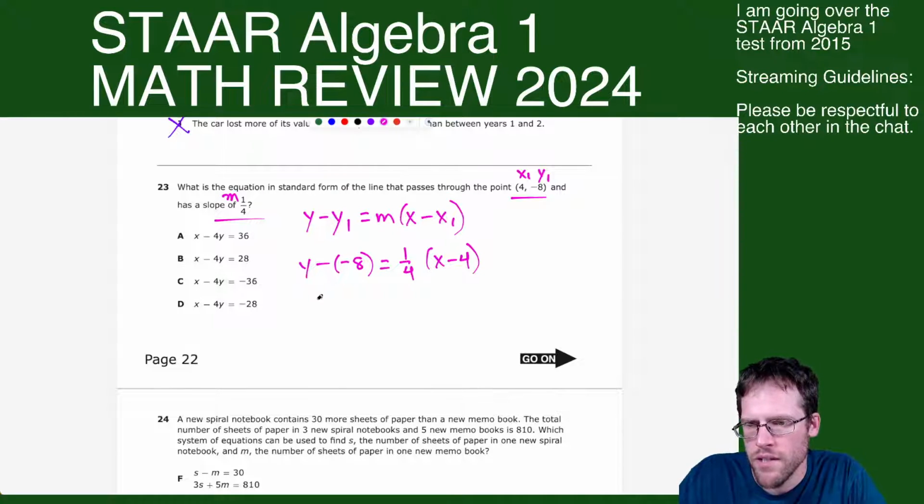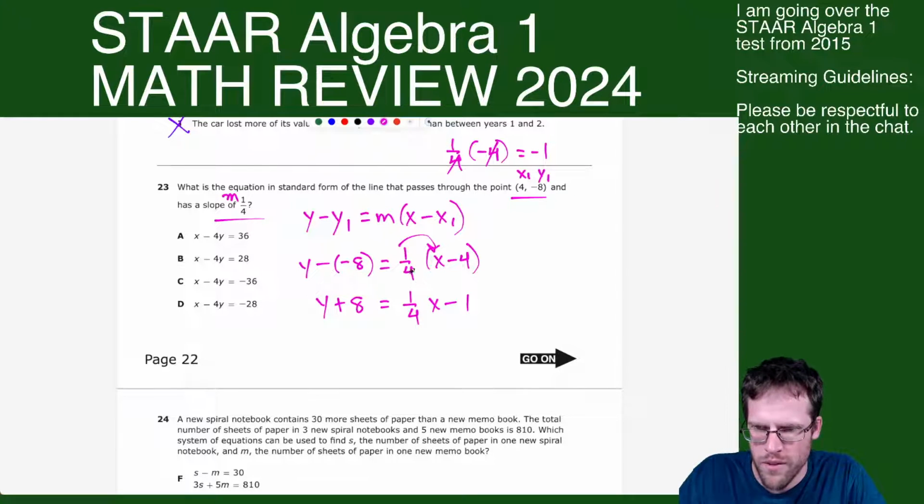Now minus minus changes to plus. So we get here, and I have 1/4 times x is 1/4 x. When I do 1/4 times -4, I get -1. And I'll just show that over here. 1/4 times -4, 4 over 4 cancels, and this is like 1 times -1, which is -1. So that's where that's coming from.